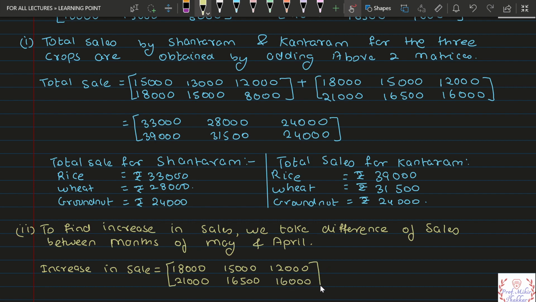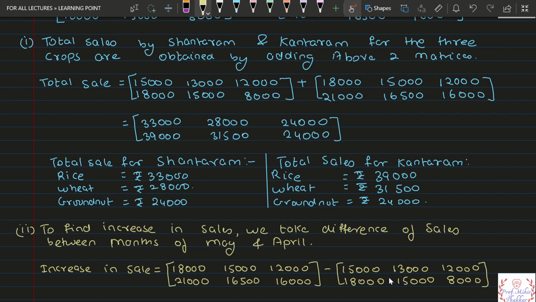These are the values of May, my students, and April 15,000, 13,000 and 12,000, 18,000, 15,000 and 8,000.